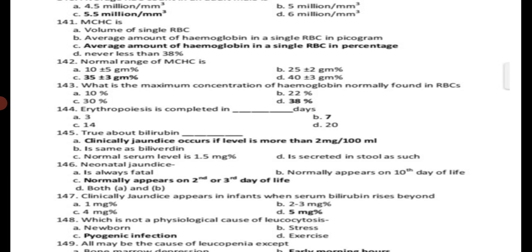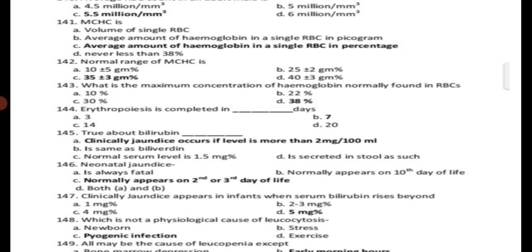The range of MCHC is 32 to 36 grams per deciliter. So option C is the answer of question number 141. Question number 142. Normal range of MCHC is option C, that is 35 plus or minus 3 grams per deciliter.